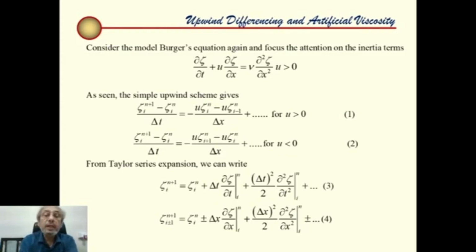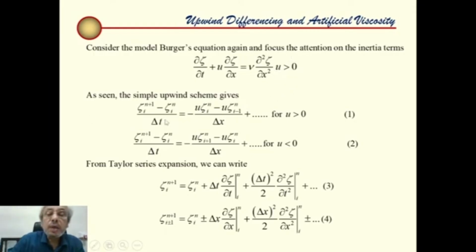Now we will take up, basically, again Burgers' equation, and we have written ∂ζ/∂t + u ∂ζ/∂x = ν ∂²ζ/∂x² for u greater than 0.